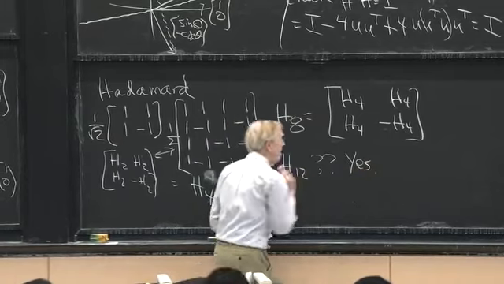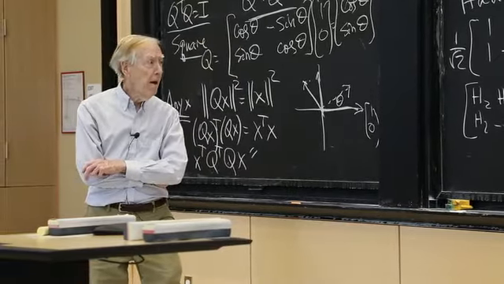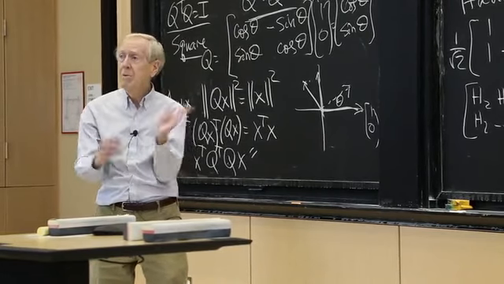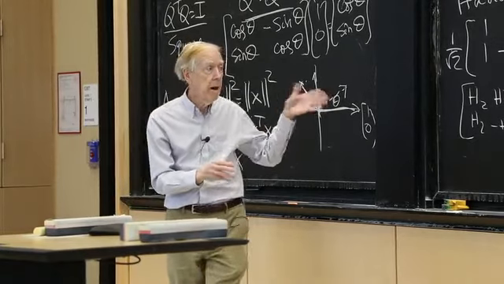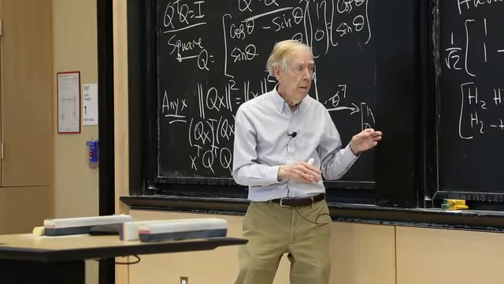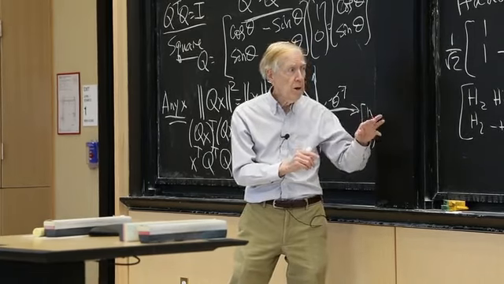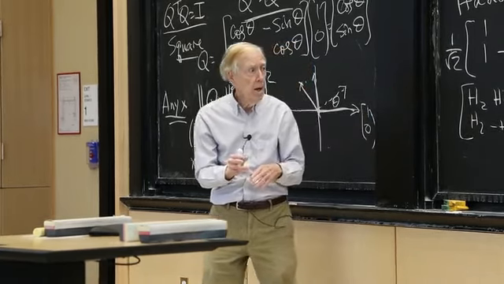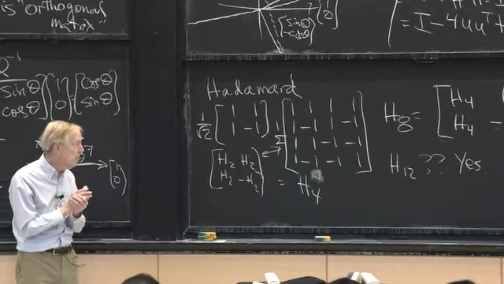Okay. So we make an 18.065 conjecture. Not every matrix size, because 3 by 3 is not going to work. 1 by 1 is not going to work either. But H12 works, H8, H16. What's our conjecture? We won't be the first to conjecture it.